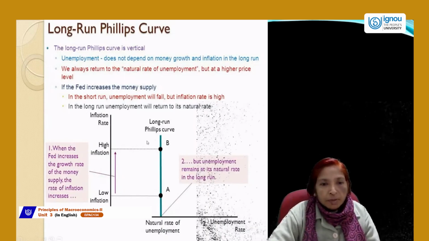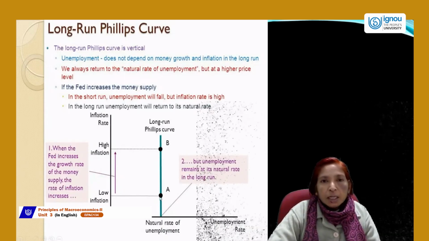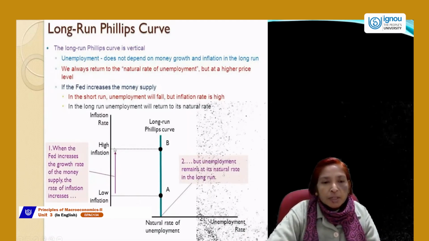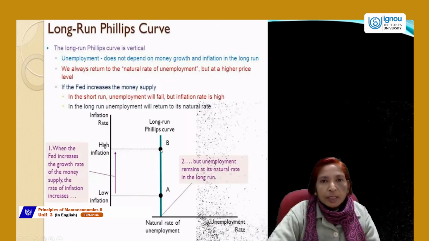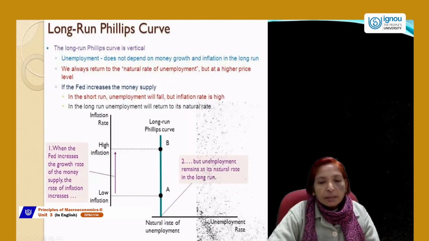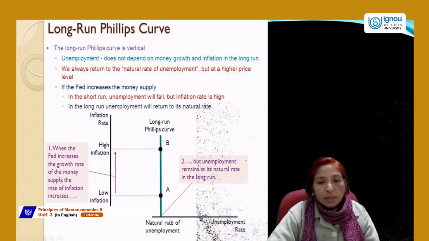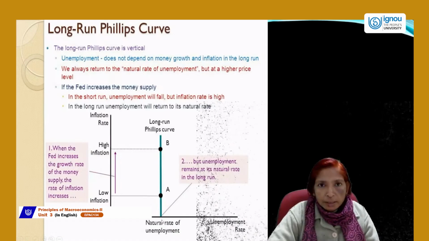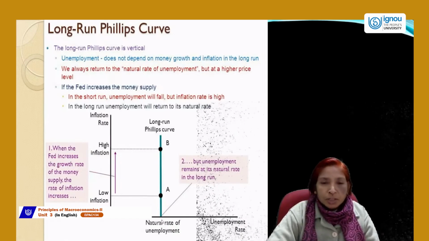This is the vertical Phillips curve, and at point A the inflation rate is low, but at point B the inflation rate is high. This vertical line shows that this rate of unemployment is the natural rate of unemployment. Here the unemployment rate is constant, it is not affected by the change in inflation.